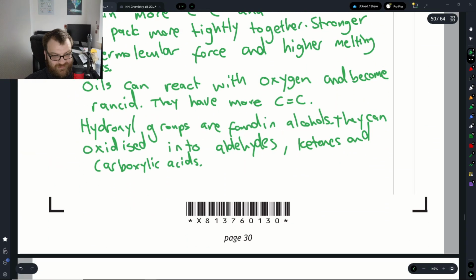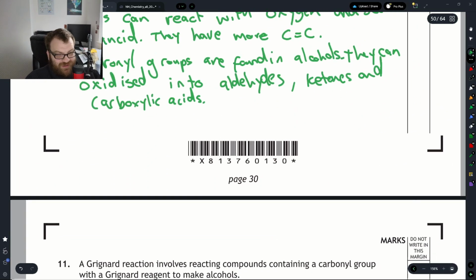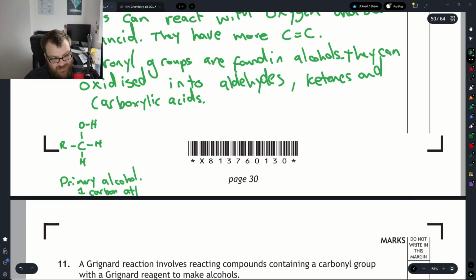Try and fit it in here. Could build on that part and say about the fact that if you've got your primary alcohol, so one carbon attached to a carbon with OH, that will go to an aldehyde.